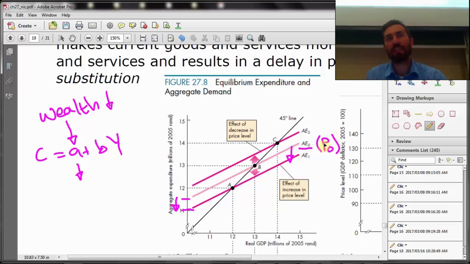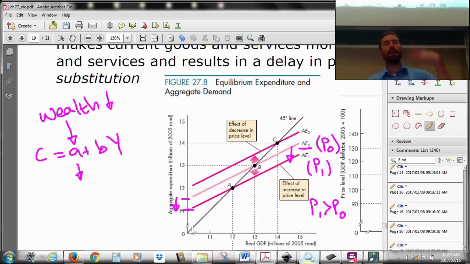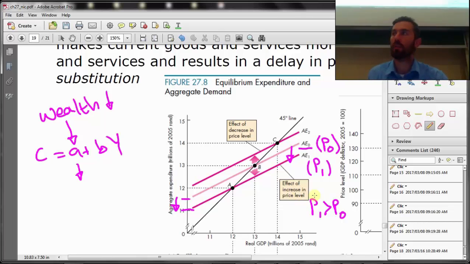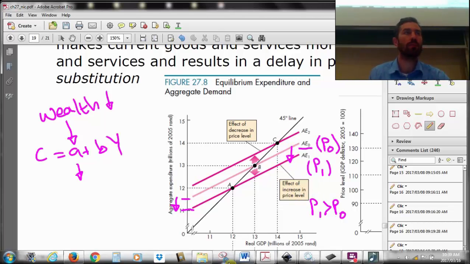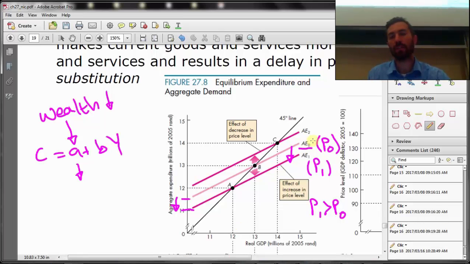So if prices change from P0 to P1, okay, and what I'm saying here is that P1 is greater than P0, in other words, prices have increased, an increase in prices does what? It shifts my aggregate expenditure curve down. So aggregate expenditure curve AE0 was at price level P0. Aggregate expenditure AE1 is at price level P1.